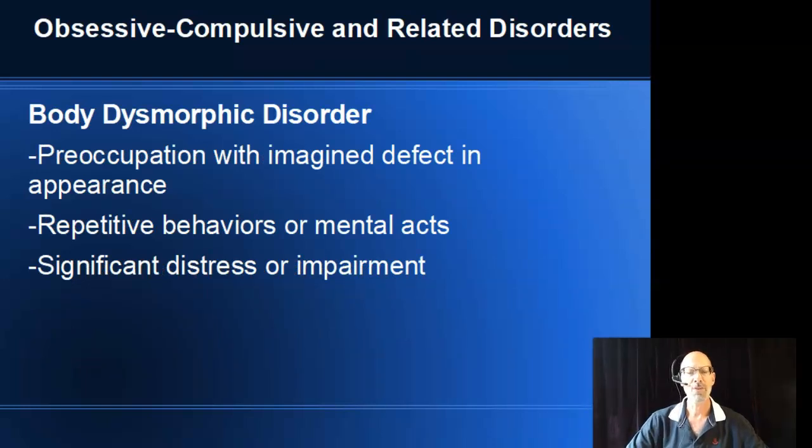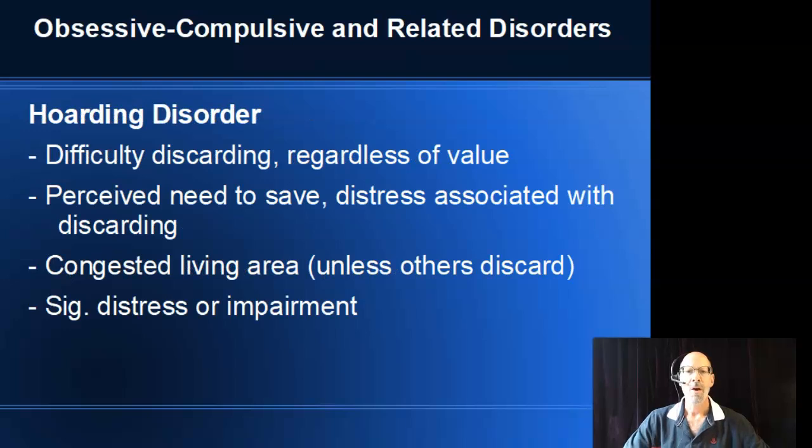And then body dysmorphic disorder: preoccupation with an imagined defect in appearance, repetitive behaviors or mental acts related to this, and significant distress or impairment. Hoarding disorder: difficulty discarding items regardless of their value, perceived need to save, distress associated with discarding items, congested living area unless others are consistently throwing things out for the person, and significant distress or impairment.